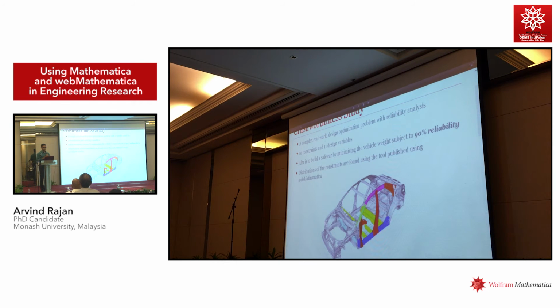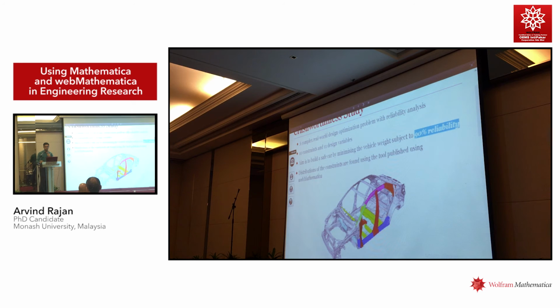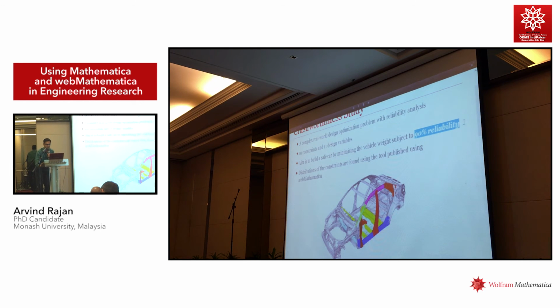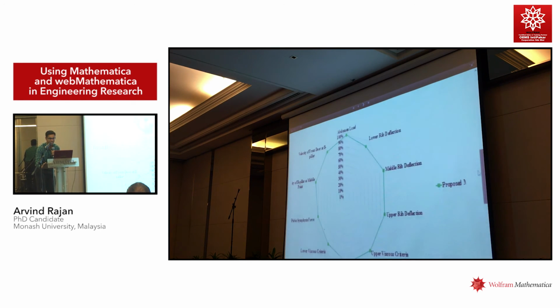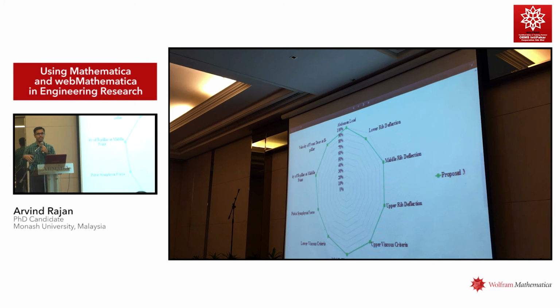The reliability analysis is made from the distribution found using the software that I created in Mathematica. As you can see here, the reliability is 90%, so the result is that all the constraints should meet that 90%.